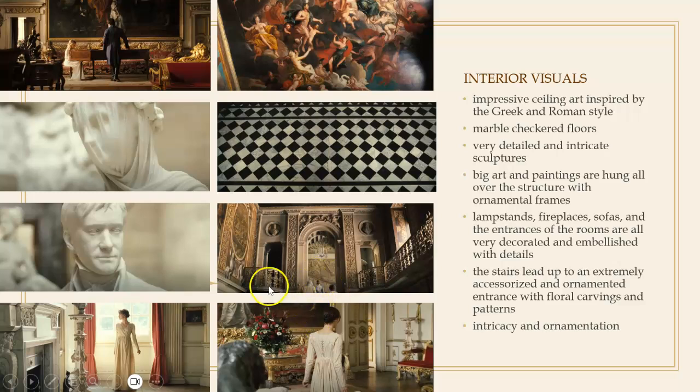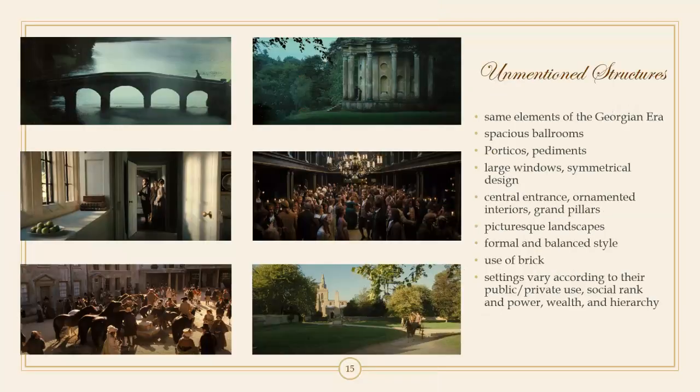This is a scene where these characters walk up the stairs, and you can see how accessorized this whole entrance is with all the carvings and stuff. This amount of wealth shows the intricacy and ornamentation that the higher rank of the social class mainly focused on.